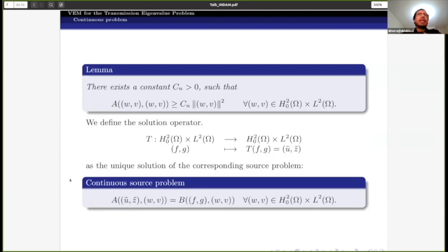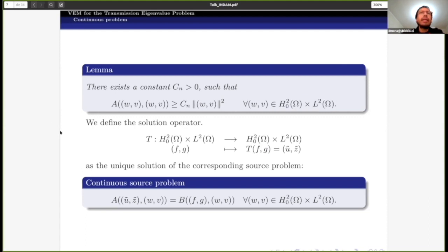As I have mentioned, the sesquilinear form A is coercive in the product space. This norm is going to be used as the product norm.